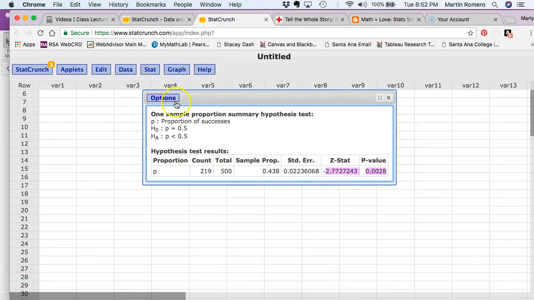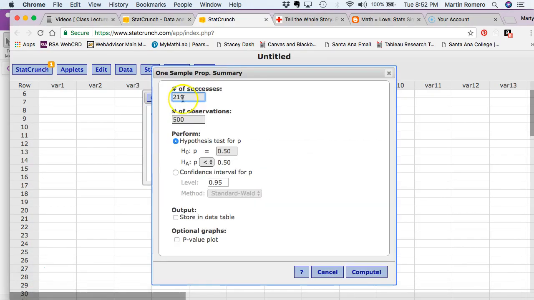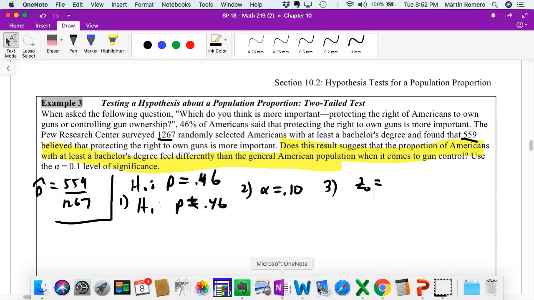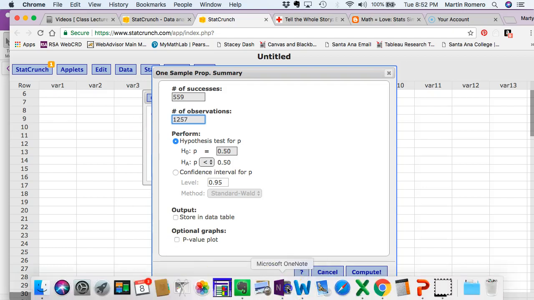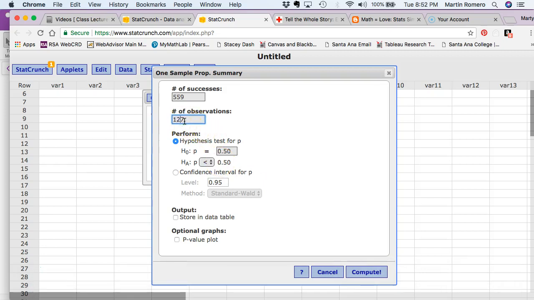So we run that, and our values are, let's check real quick, 559 over 1267. Double check, make sure I get that right. And then null hypothesis 0.46 and put not equal to. So that means it's different than. Compute.